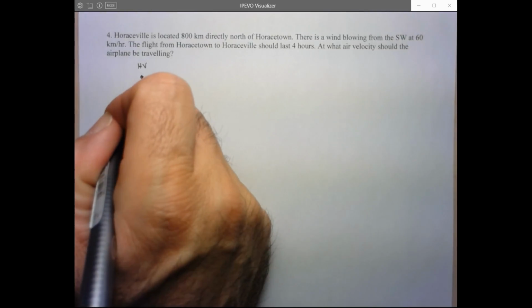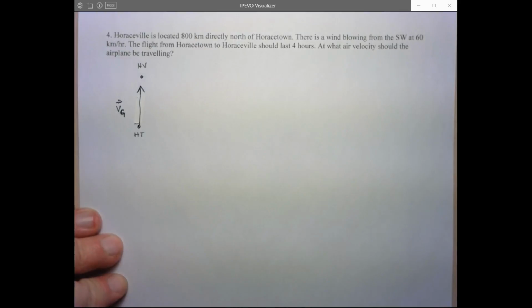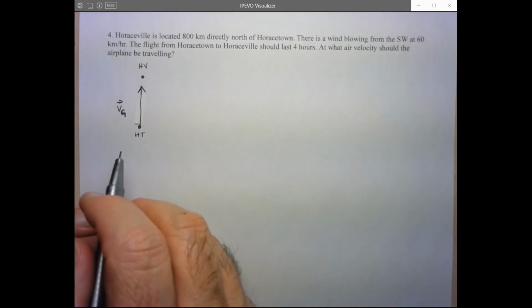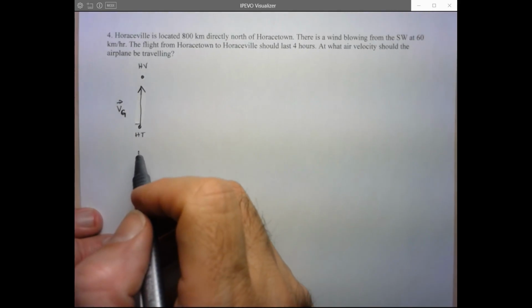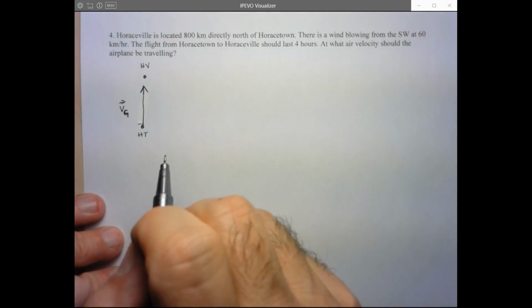This is what we want the resultant velocity, or the ground velocity, to be equal to. This is the direction we want the plane to actually take. And how do we get this resultant or ground velocity? By adding up the air velocity of the plane with the wind's velocity.